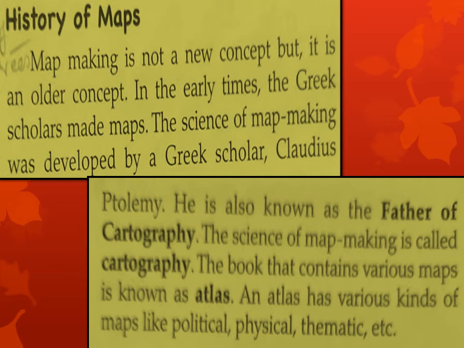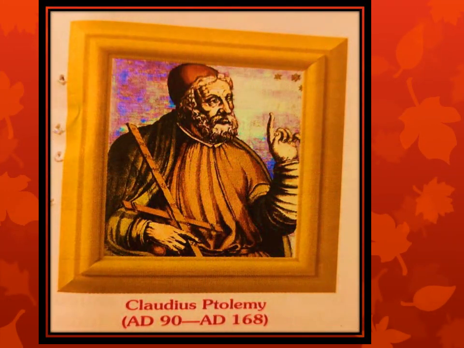An atlas has various kinds of maps like political map, physical map, thematic map, etc. Now you can see the picture of Claudius Ptolemy, AD 90 to AD 168.